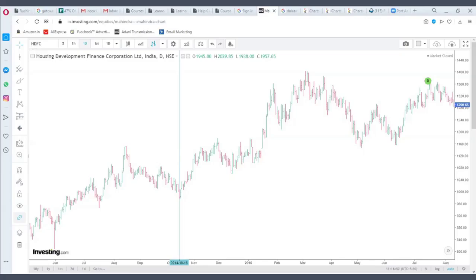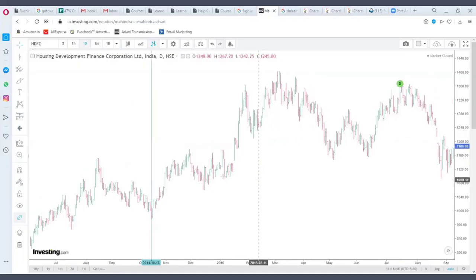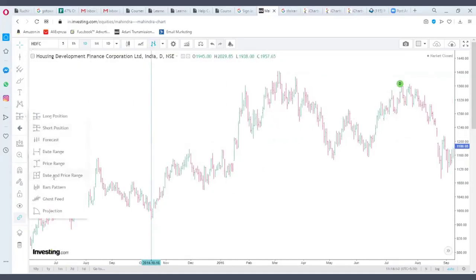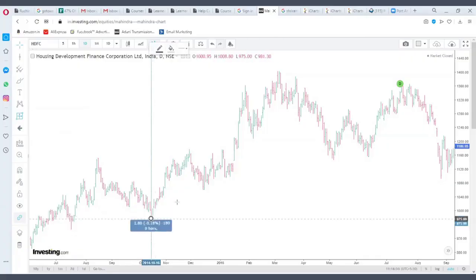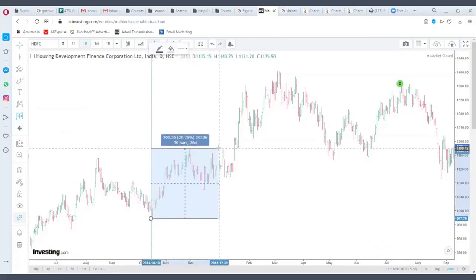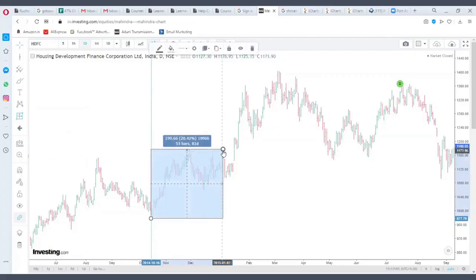So this trend was around 3 months. Let's check what the high or low was after around 3 months. Within 3 months, this is the top, around 1st of January, and the appreciation has been around 20%.